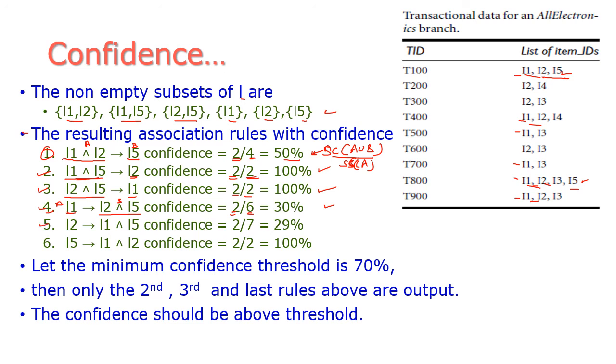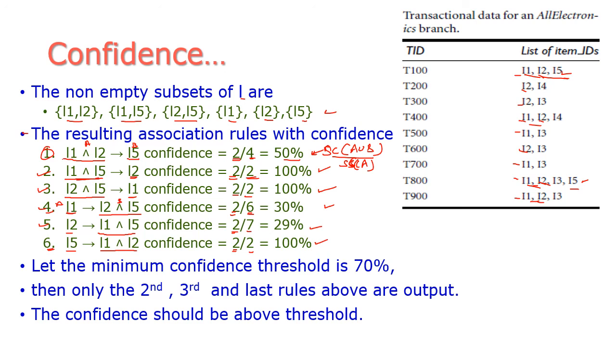The fifth one is I2 which implies I1 and I5. I1, I2, I5 occurs 2 times and I2 alone occurs 7 times, so the percentage is 29. The sixth one is I5 which implies I1 and I2. I1, I2, I5 is 2 times and I5 alone occurs only 2 times. So this is 100%.